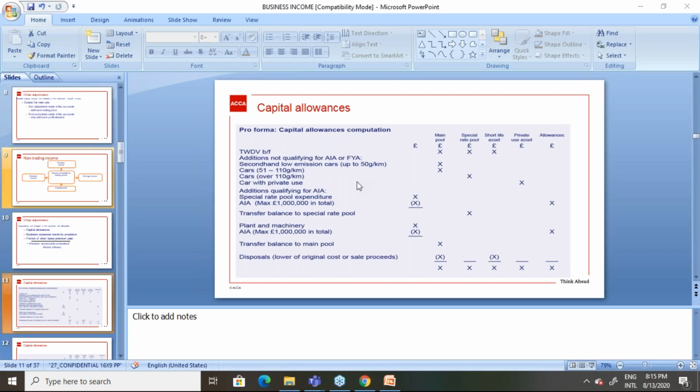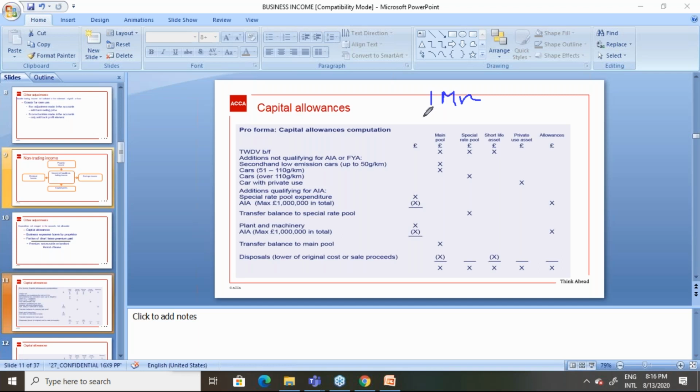On the other hand, this annual investment allowance of 1 million is available for a period of account of 12 months. So if your period of account is less than 12 months or more than 12 months, then you need to time apportion the 1 million limit. If your accounting period is 12 months, you can claim annual investment allowance up to 1 million.